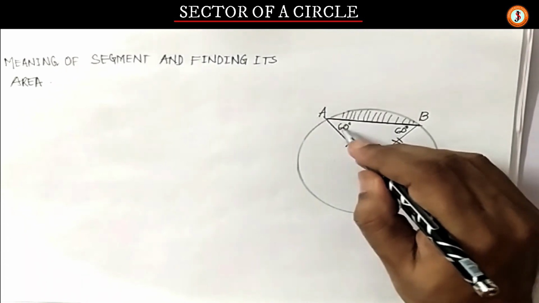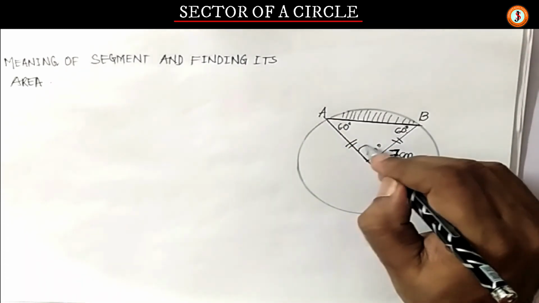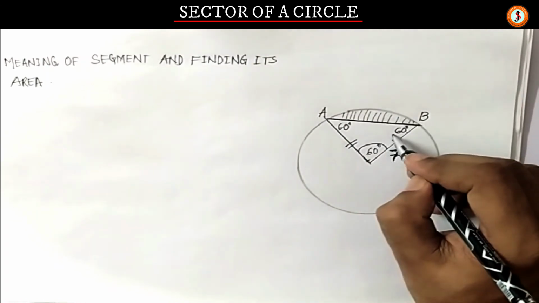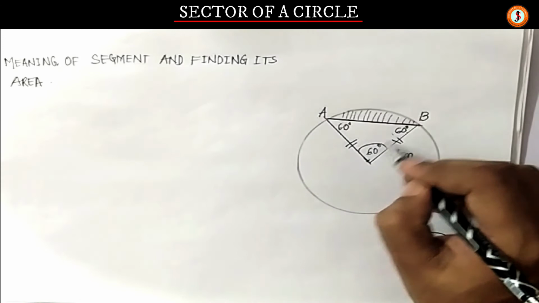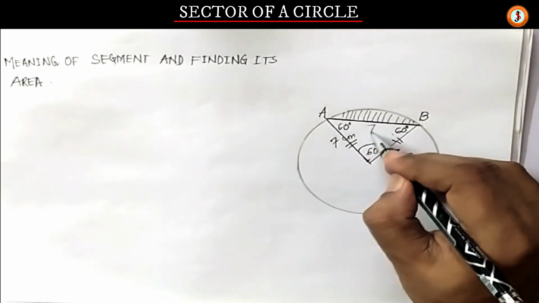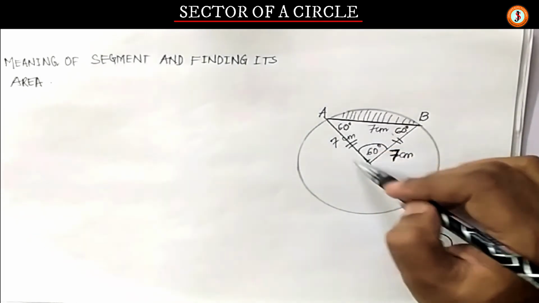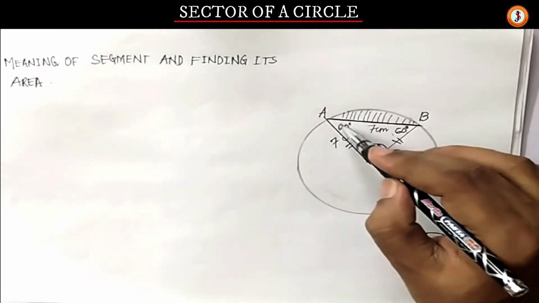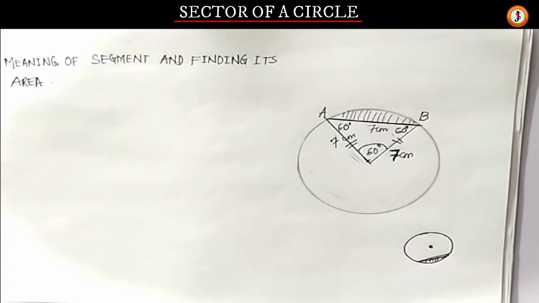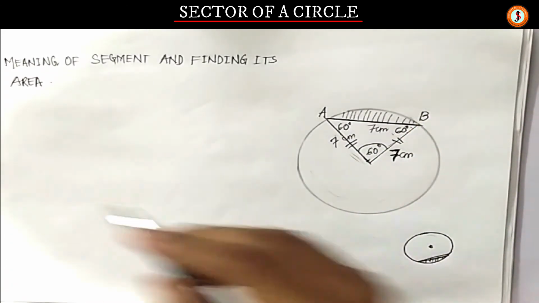So base angle will be A plus A. Now if this is 60, we are left with 120, so A plus A is 120, so A will be 60. So this becomes an equilateral triangle, isn't it? So now we can easily take out the area of this sector and we can subtract the area of the equilateral triangle and we can get the area of the minor segment.